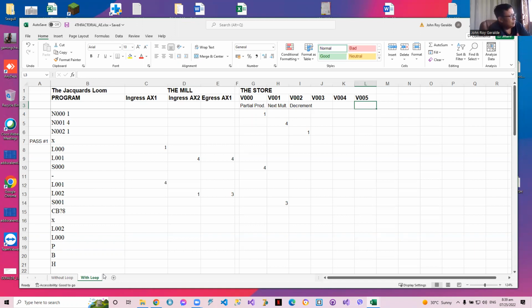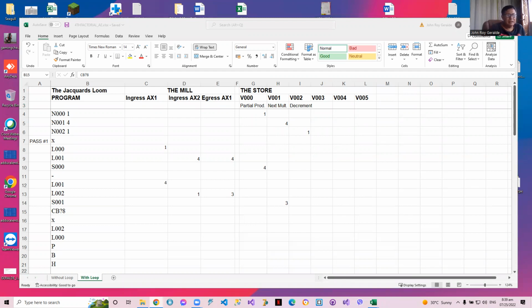A condition for continuation or a condition for termination. I think the condition here is a condition for continuation, okay? Do you follow? Let's look at the CB, count backwards 8. Okay? Count backwards 8. Let's look at what it means, no?